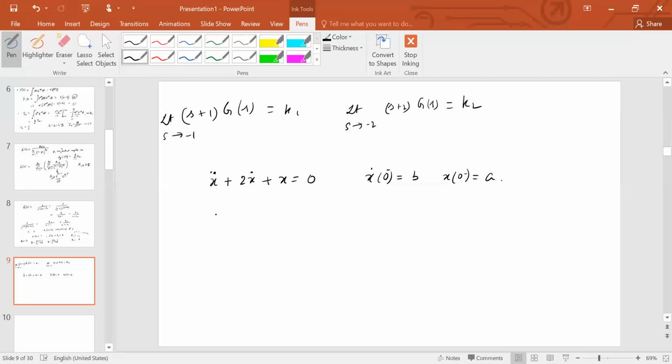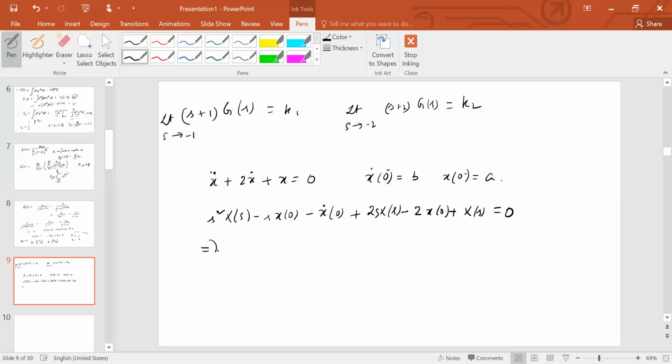So again, if we take the Laplace transform, I leave it to you as an exercise. You can see that there's going to be s squared X(s) minus s x(0) minus x dot(0) plus 2sX(s) minus 2x(0) plus X(s) is equal to 0.